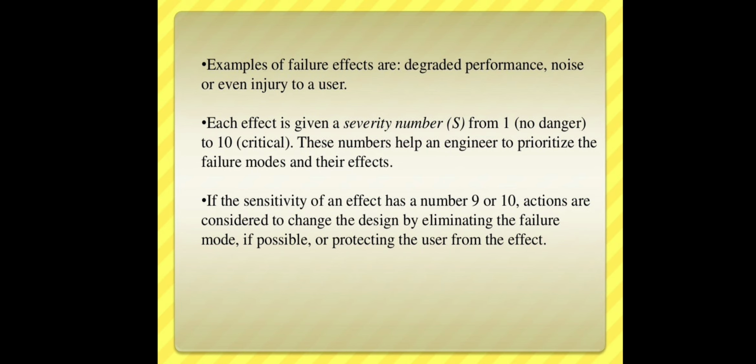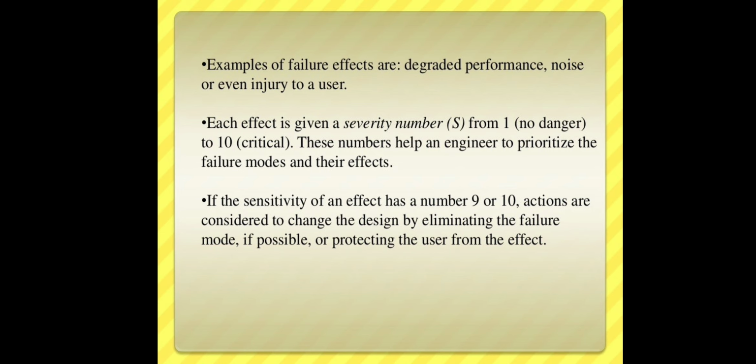Each effect is given a severity number, meaning how severe, how serious that case is. From 1 to 10, 1 means no danger, 10 means a very critical case, and those numbers help an engineer prioritize the failure modes and their effects.